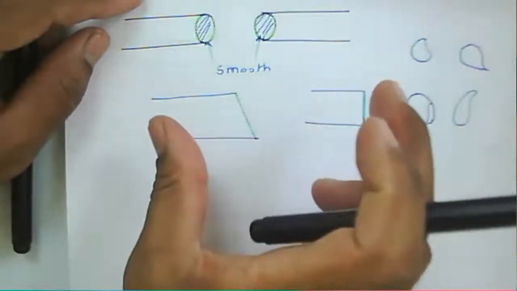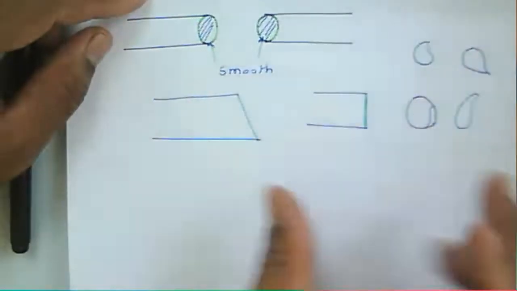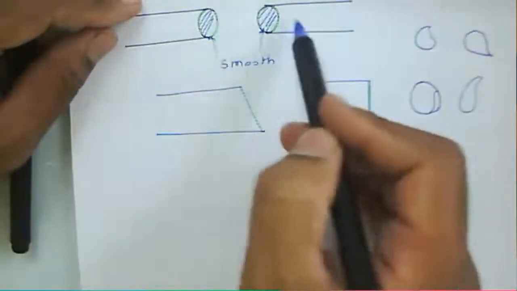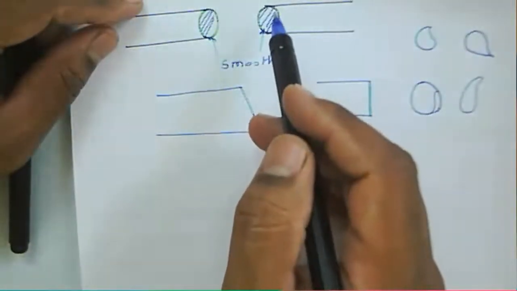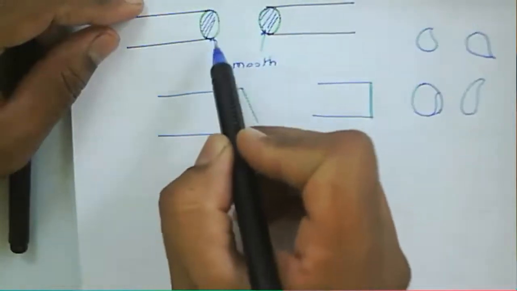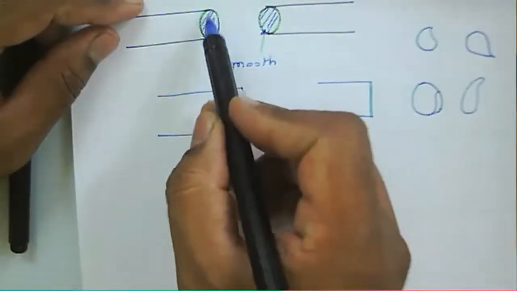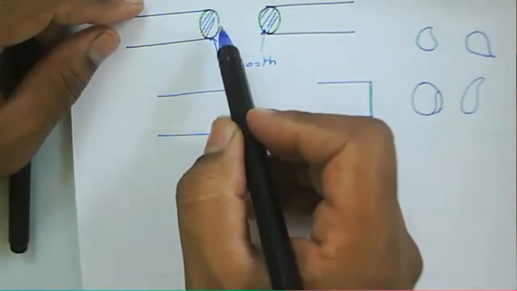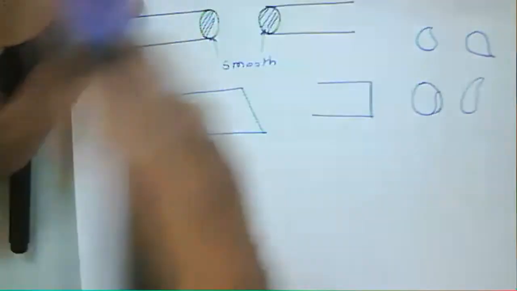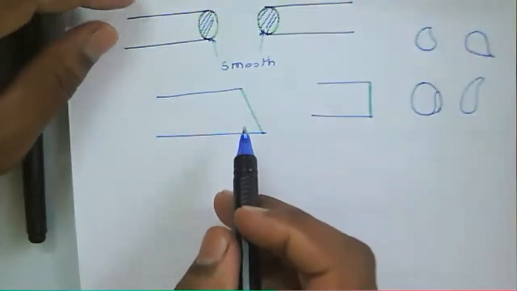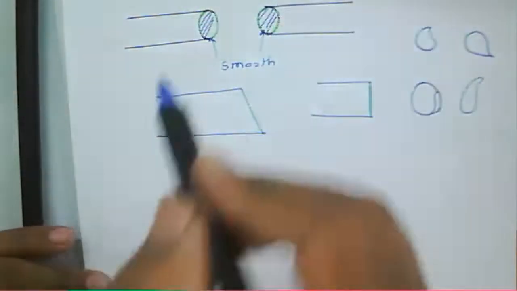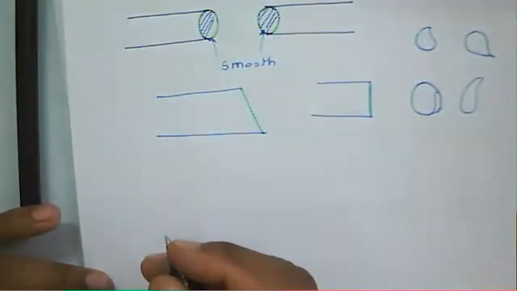So how do we prepare the end of the fiber smooth? We need to polish this surface and make it smooth, or we cut the fiber so that we get a smooth surface.